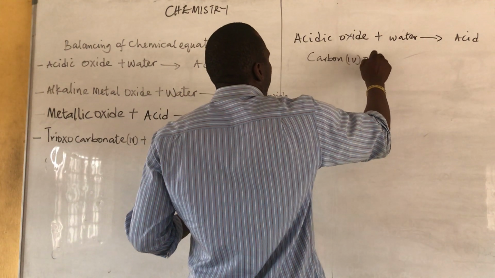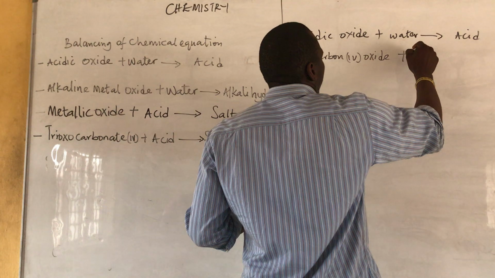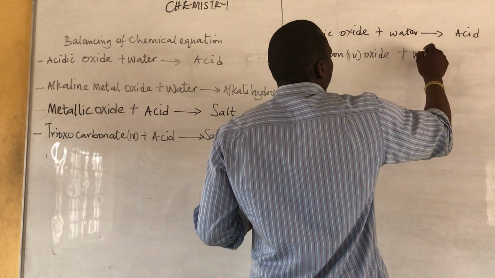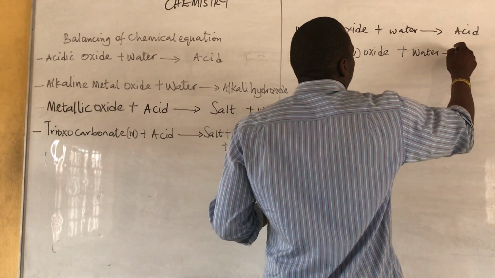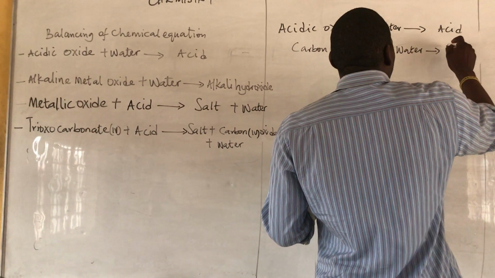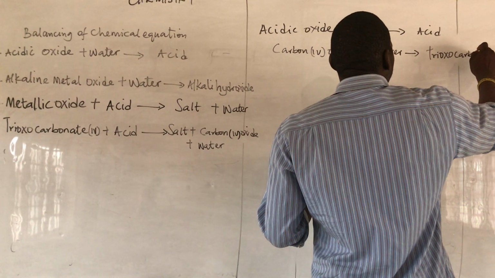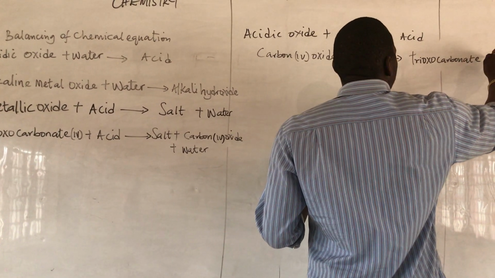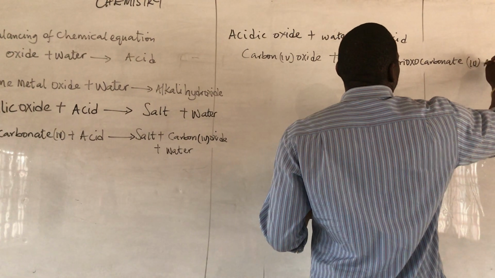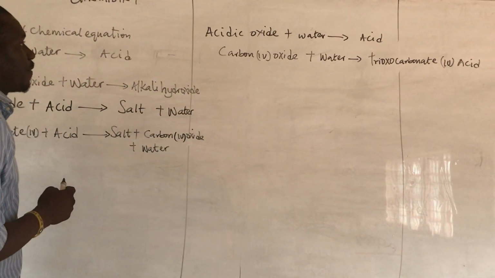Carbon 4 oxide, which is an example of an acidic oxide, plus water to give us trioxocarbonate 4 acid.